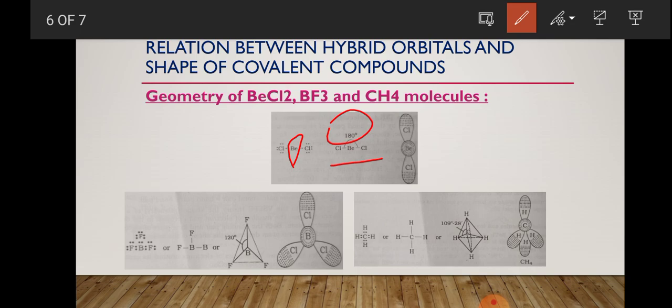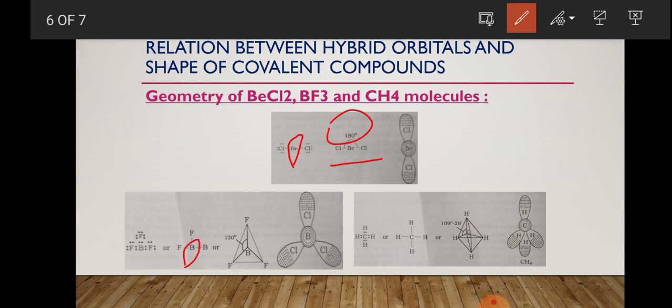And now in boron trichloride, or boron trifluoride, the valence shell of the central atom, that is boron, contains three hybrid orbitals.